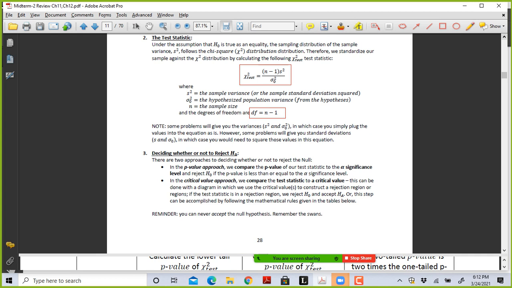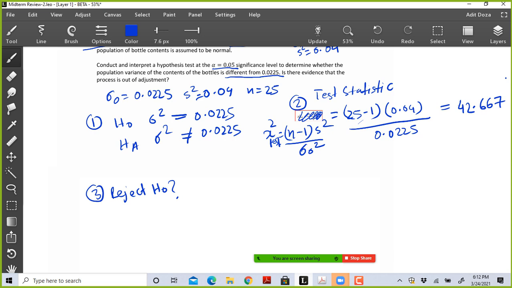But in the exam, we will use the critical value approach, because for p-value we need to use a calculator or Excel. So let's use the critical value approach.